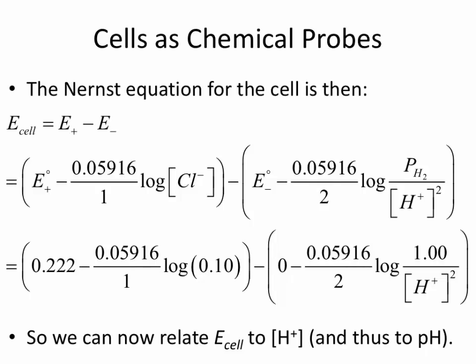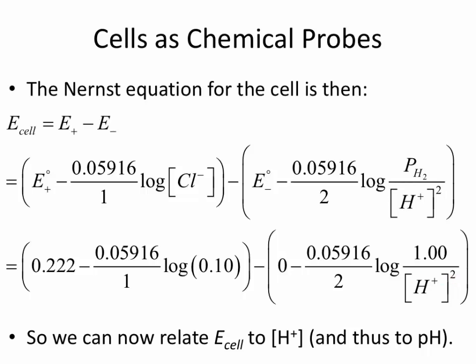Now the Nernst equation for this cell is given here, and when we plug in our values for 1 electron being transferred, we plug in for our E0 plus our 0.222 volts, we plug in for our chloride concentration our 0.1, we plug in for our hydrogen electrode, our E0 minus there, 0, plug in 2 electrons here, we plug in our pressure for our hydrogen gas there of 1 bar, and then we're only left with the square of our hydrogen ion concentration down here.